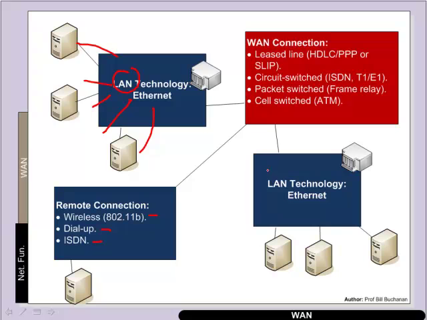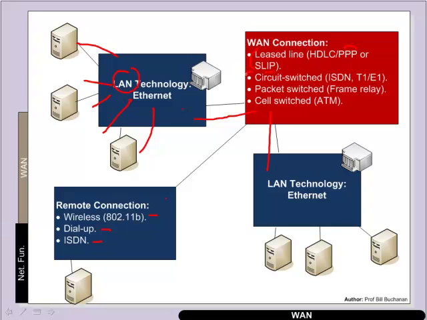Then we need some form of glue to glue these connections together. So we often use a wide area network connection. This could be in the form of a leased line, where we get technologies such as HDLC, point-to-point communication, or SLIP.